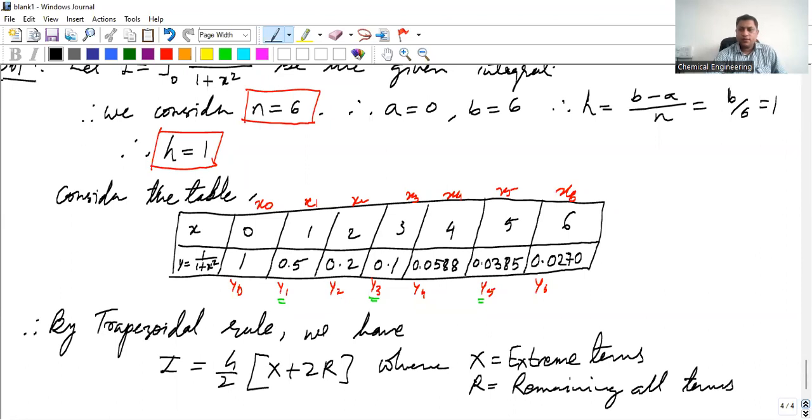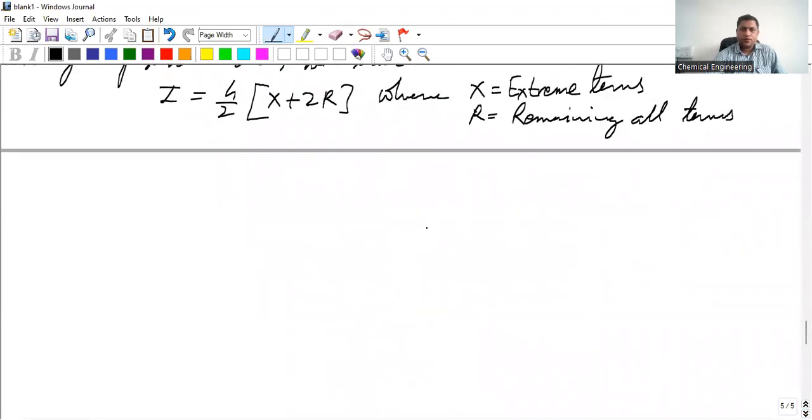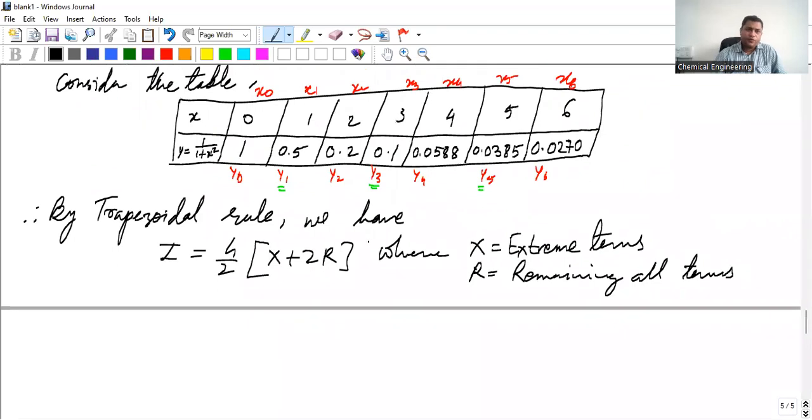Now let's calculate this. Hence we get h is going to be 1, so it will be 1 by 2.